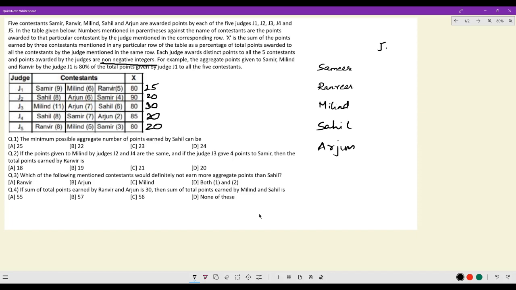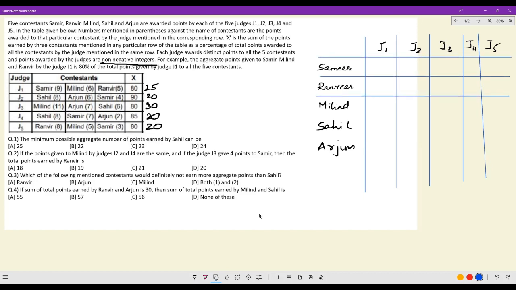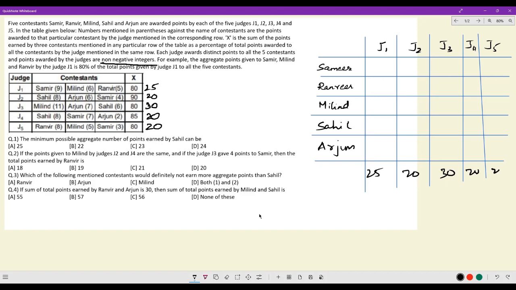We have judge 1, judge 2, judge 3, judge 4, and judge 5. Totals given by each of the judges is known to us. So 25, 20, 30, 20, and 20.